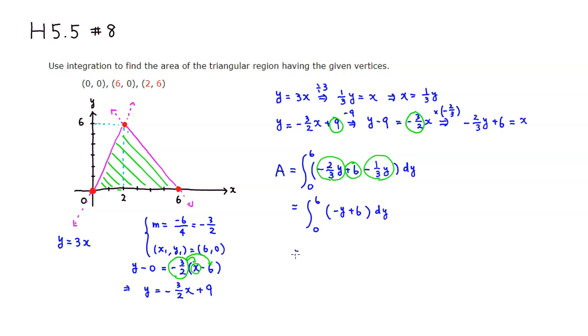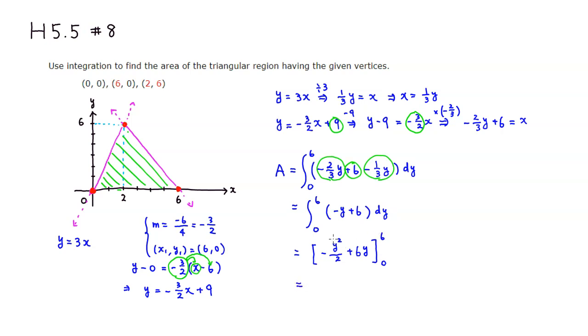The antiderivative is negative y squared over 2 plus the antiderivative of 6, which is 6y, and then you're going from 0 to 6. Then plug it in.